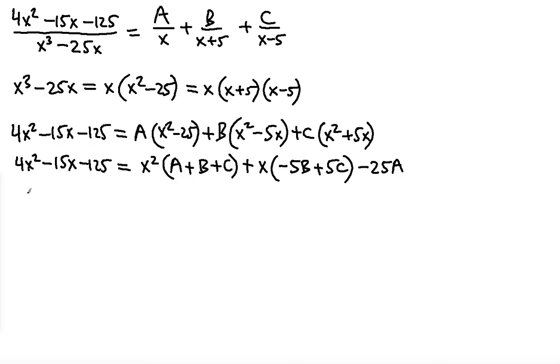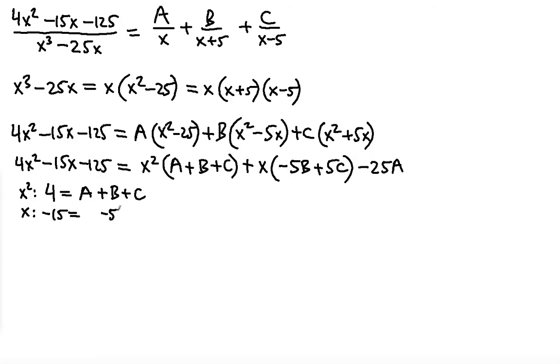So now what we're going to do, we're just going to match coefficients of the powers of x. So x squared, as you can see, 4 is on the left side, multiplying the x squared. The coefficient of the x squared is 4. On the right side, we already have a plus b plus c, so we can write that down, a plus b plus c. X to the first power has a negative 15 coefficient, and that is going to be minus 5b plus 5c.